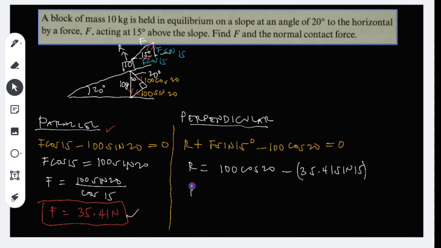So let's use your calculator. That will be 100 cosine 20 minus 35.41 sine 15 degrees.